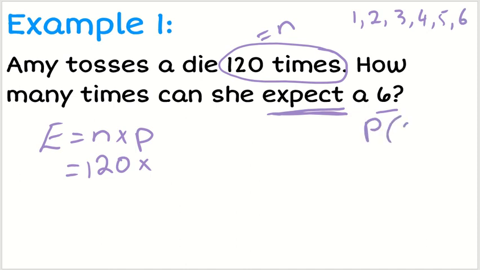So the probability of getting a 6, well, there's one 6 out of 6 possible outcomes, so the probability that I multiply is 1 over 6. So 120 times 1/6, put that into our calculators, and we get a value of 20. So she can expect, if she rolls the dice 120 times, to get a 6 about 20 times.